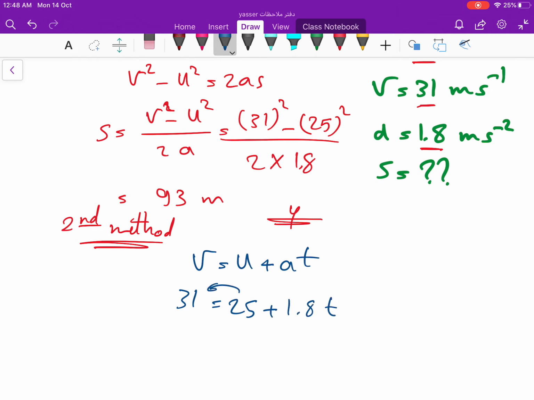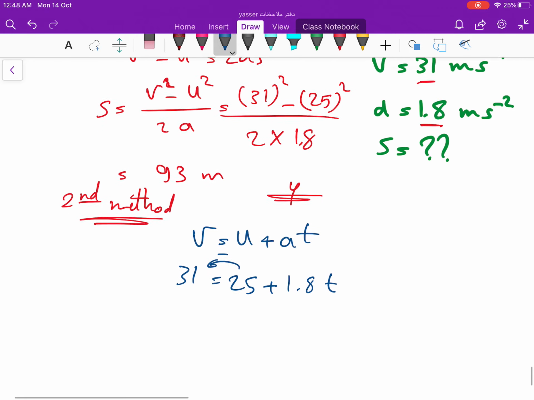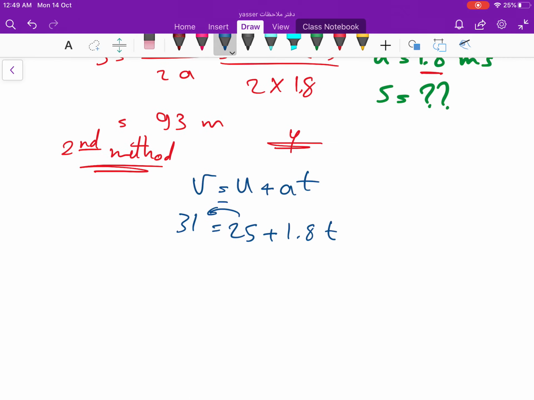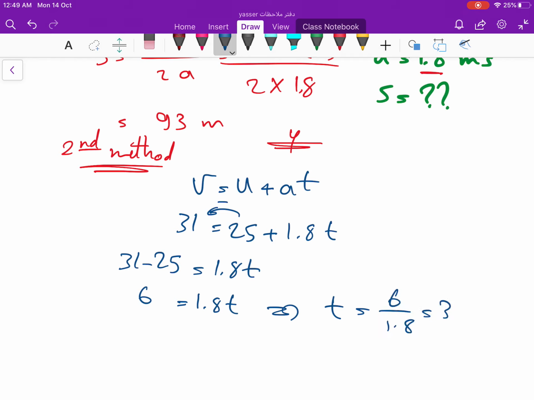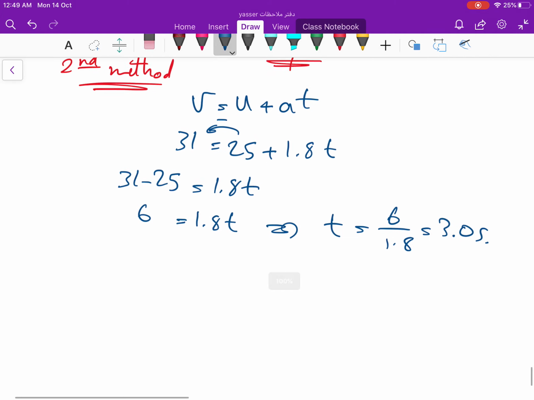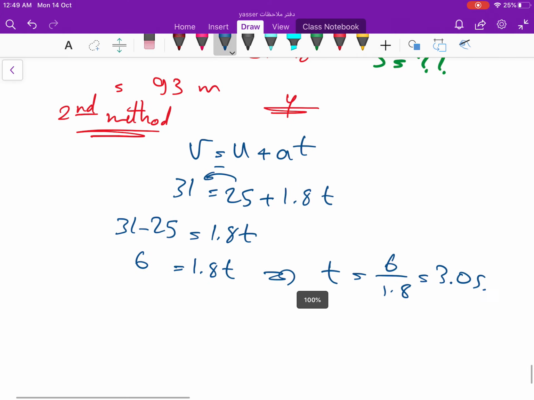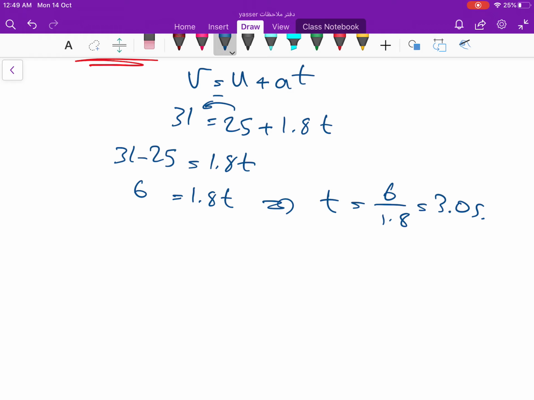I'm going to move u to the left-hand side and change the sign. So 31 minus 25 is equal to 1.8t, which gives 6 equals 1.8t. So time is 6 over 1.8, which equals 3.0 seconds.